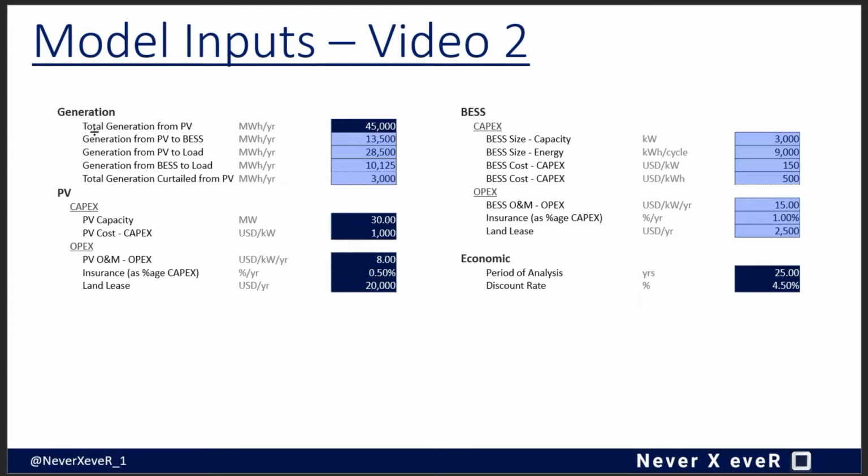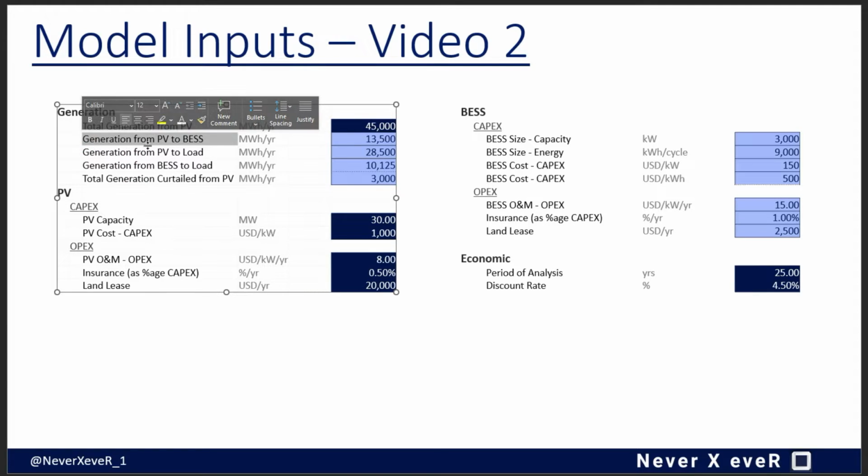So we have the total generation, which is still 45,000 megawatt hours per year. Then I just broke it down into other energy streams. We have the generation from the PV to the battery system, which is 13.5 thousand megawatt hours per year. This is the energy required every single year to charge the battery system.